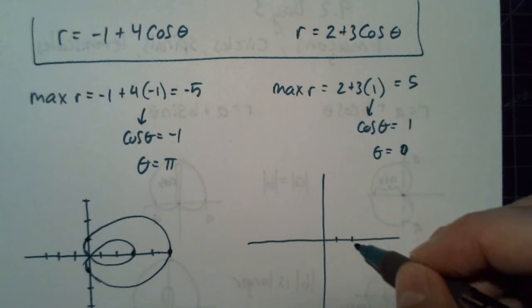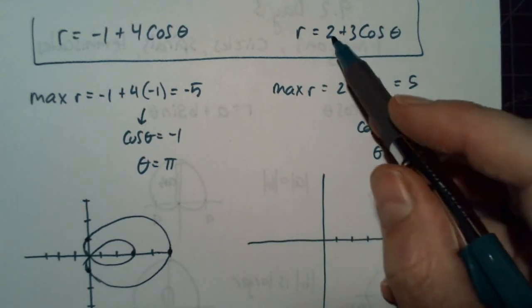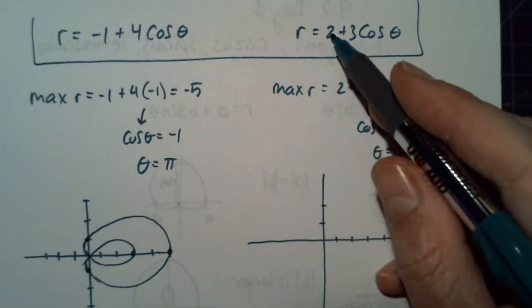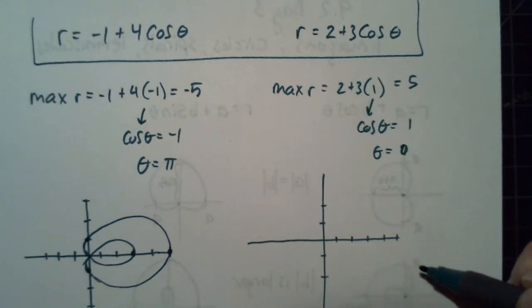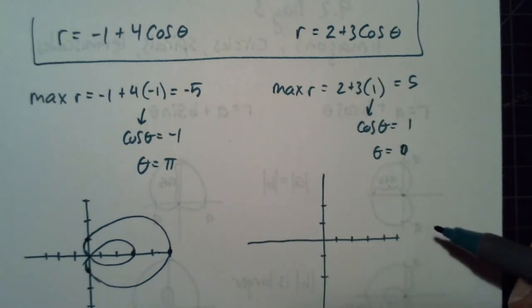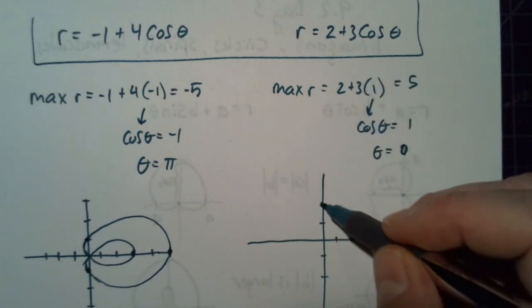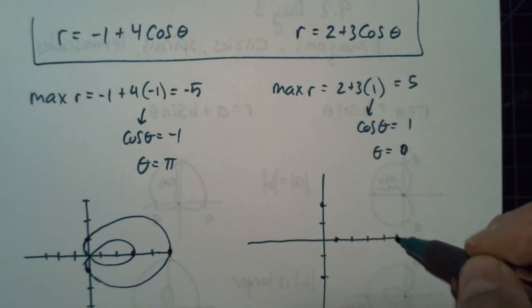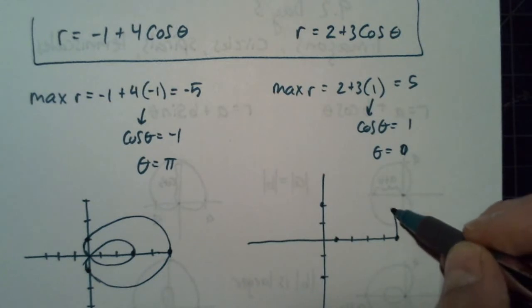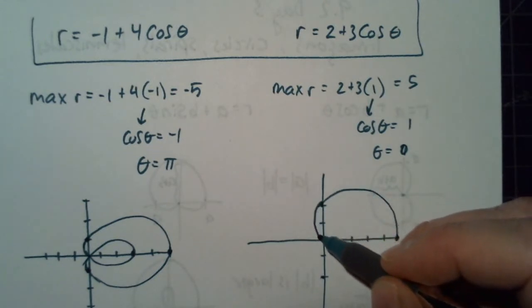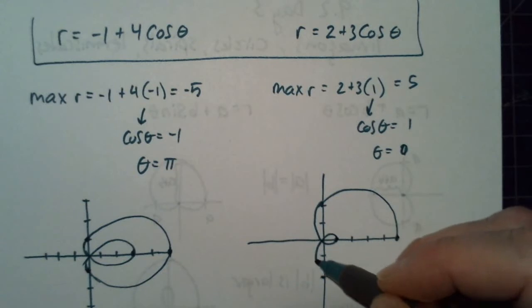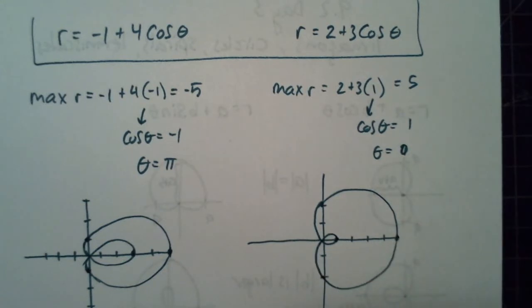And we'll also go to 2 on that axis, on that line. There will be a loop of size 1. So we have these, and a graph like that.